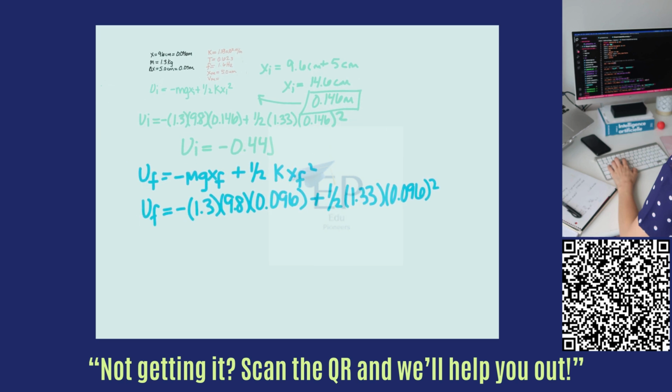And we get that our final potential energy is going to equal negative 0.61 joules.